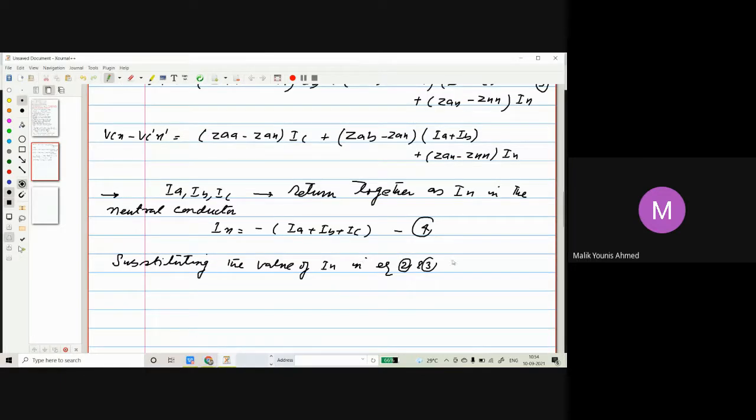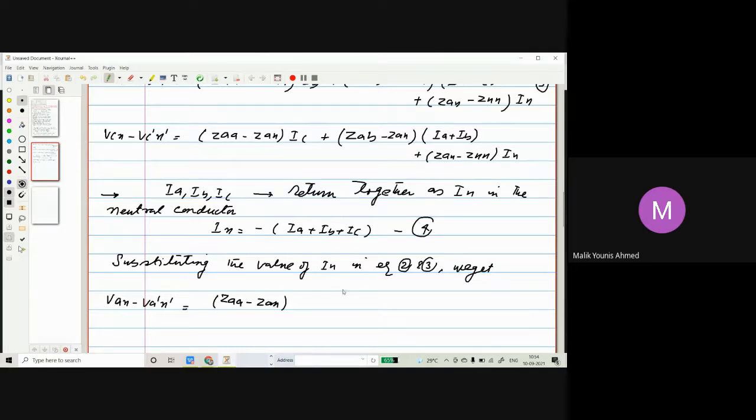So what we are going to get, let's see. We have to replace the values of IN because we want everything in terms of IA, IB, and IC. That's all. So we will have VAN minus VA dash N dash. That will be, we had ZA's minus ZAN.